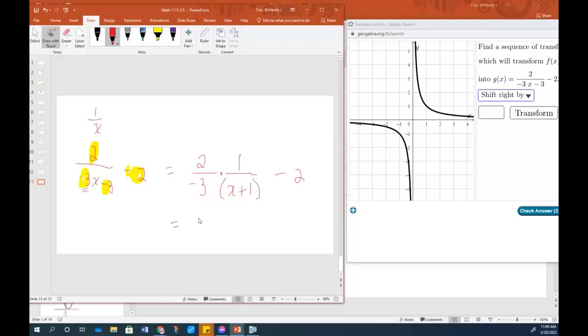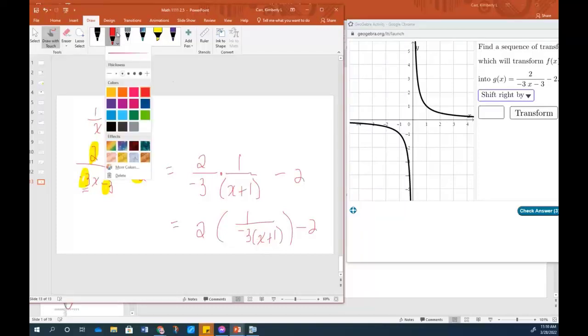This is also the same as 2 times 1 over negative 3 x plus 1, minus 2. It kind of just depends on how you need to see it. My point here is that 2 is not grouped with the x, but the negative 3 is.